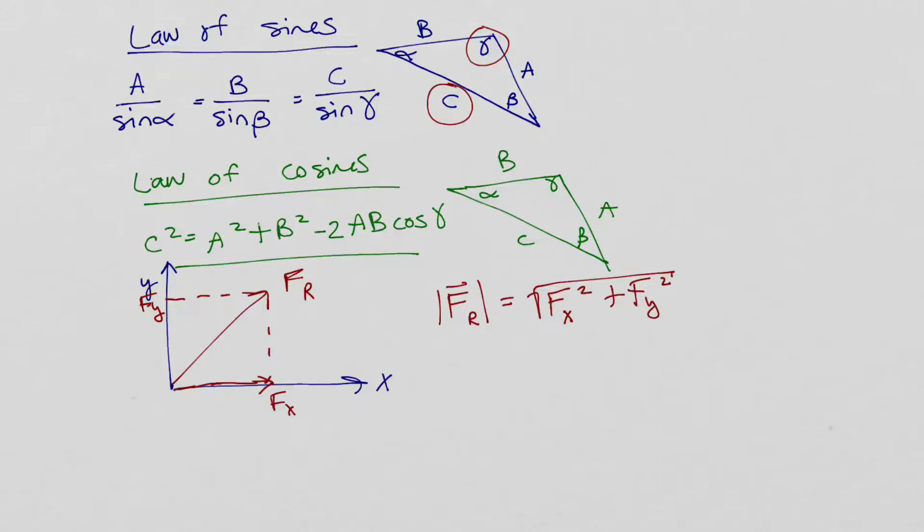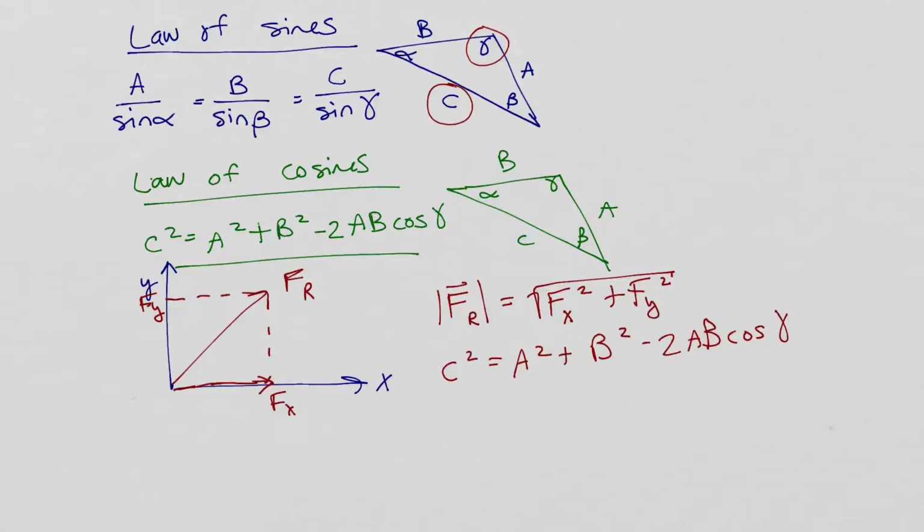The reason why that works that way is because x and y are 90 degrees to each other, and the cosine of 90 is just 0. So if we look back at the equation for the law of cosines, c squared equals a squared plus b squared minus 2ab cosine of gamma.